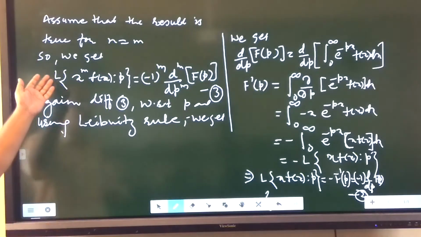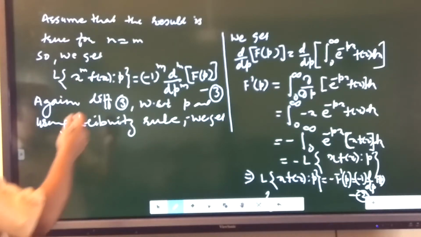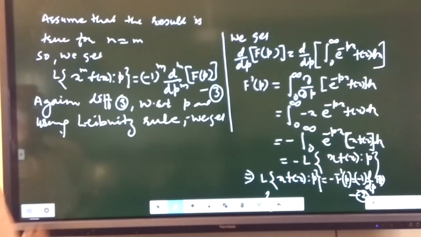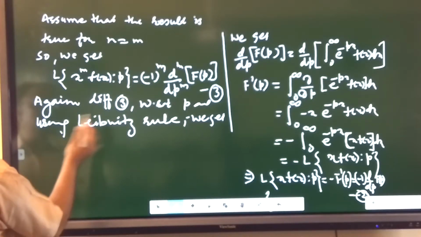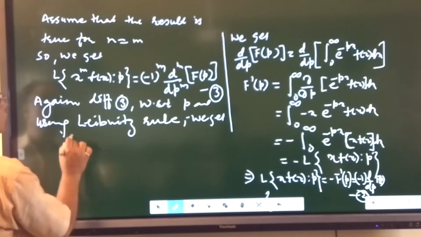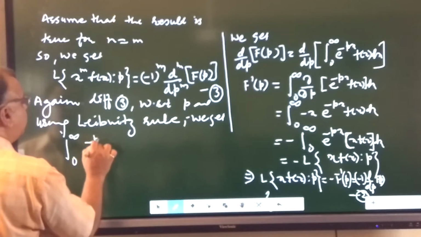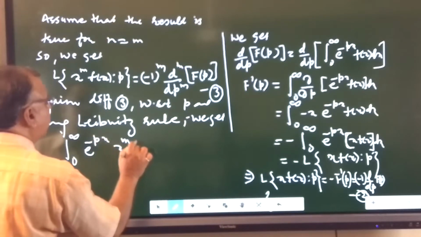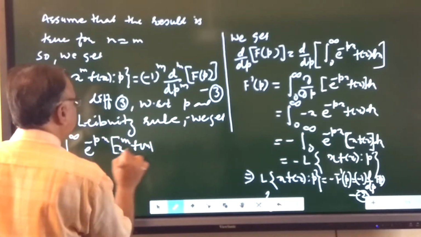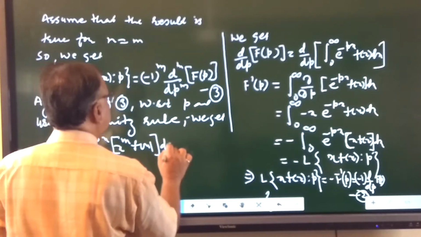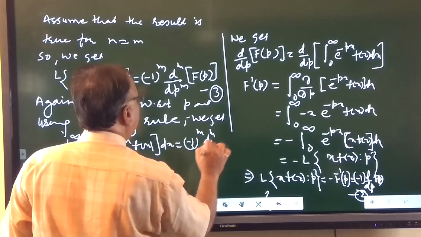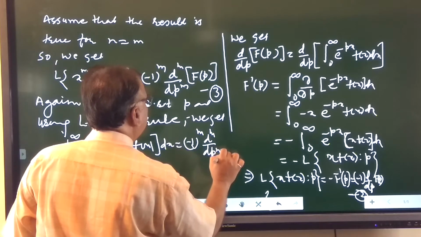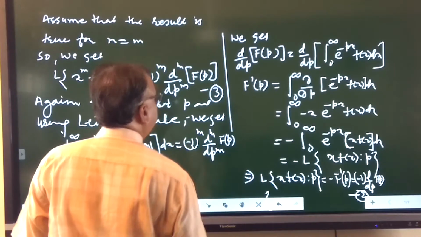the Laplace transformation. First we write this in integral form. We get integral 0 to infinity e raised to minus px x raised to m f(x) dx is equal to minus 1 raised to m d^m upon dp^m of F(p).